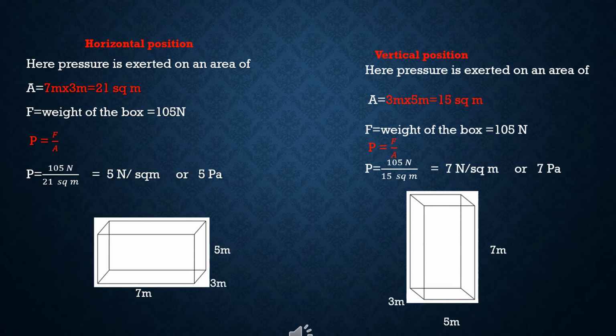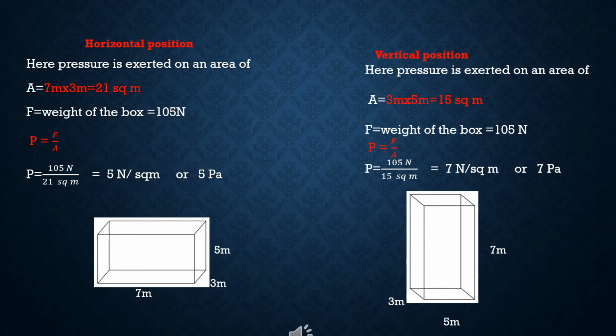Now in vertical position, force is the same, 105 Newton, but the area of contact is 3 into 5, that is 15 square meter. In vertical position, when we keep the box, the short sides will come in contact with the floor, with the ground. So the area of contact is the multiplication of the short sides, that is 3 into 5, that is 15 square meter.